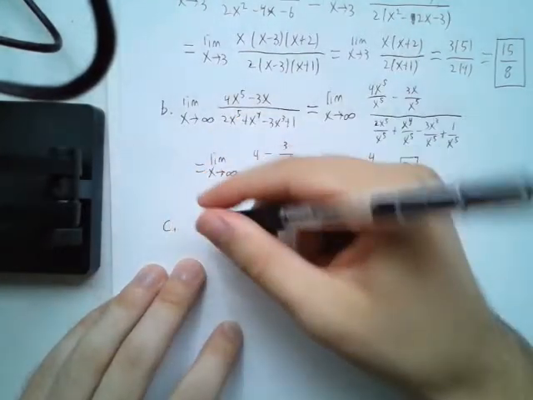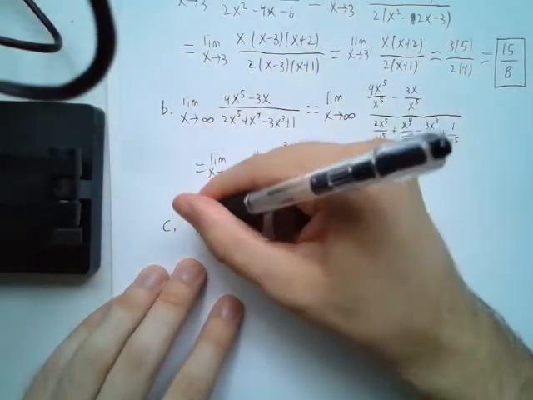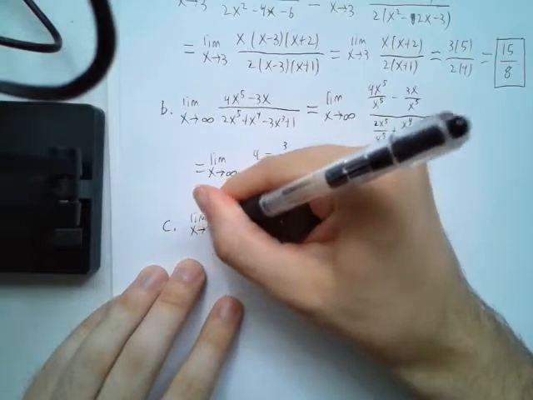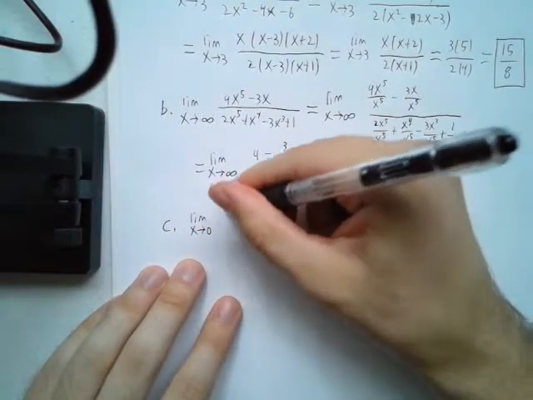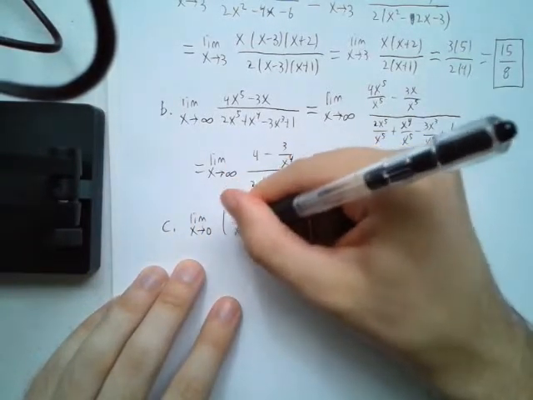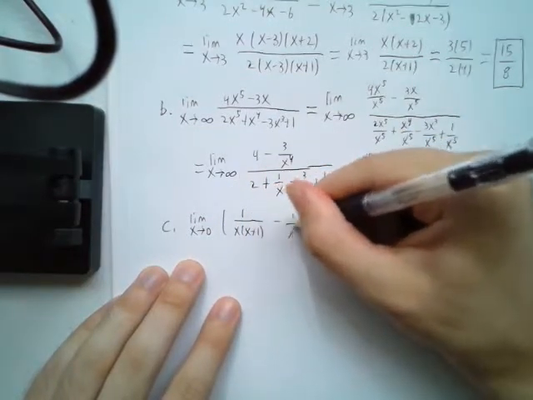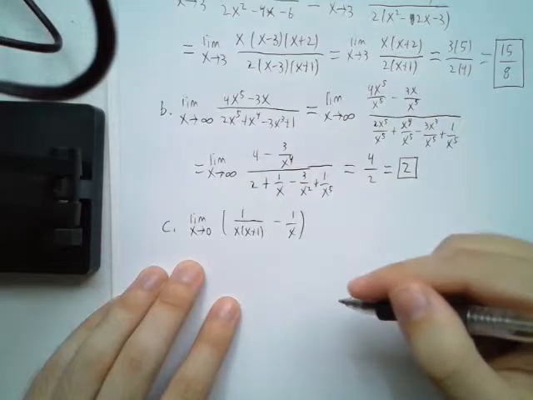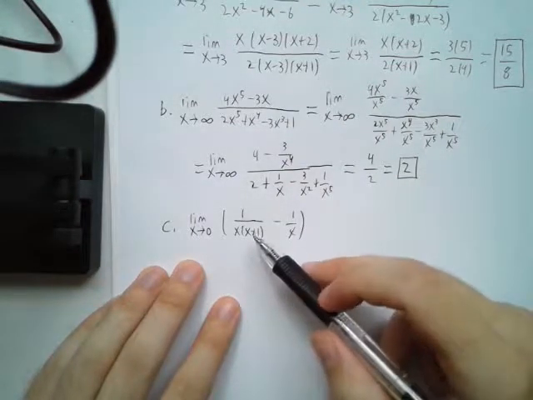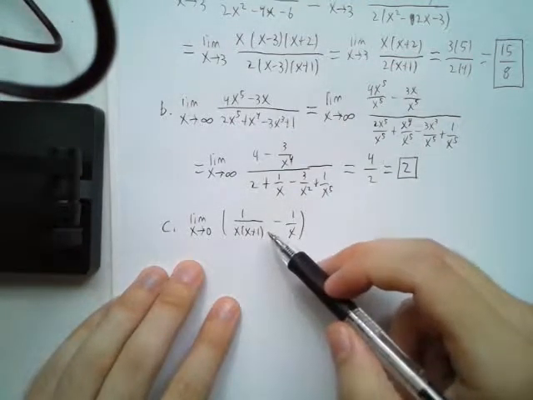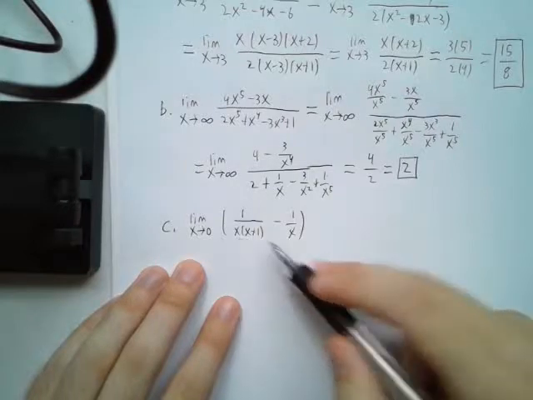Okay, so for the last part of this problem, we have the limit as x approaches 0 of 1 over x times (1 over (x plus 1) minus 1) over x. On their own, both these limits are difficult to evaluate because we'd be dividing by 0.